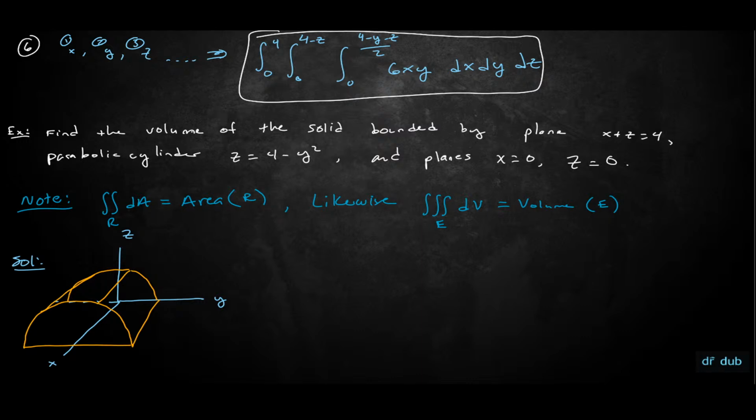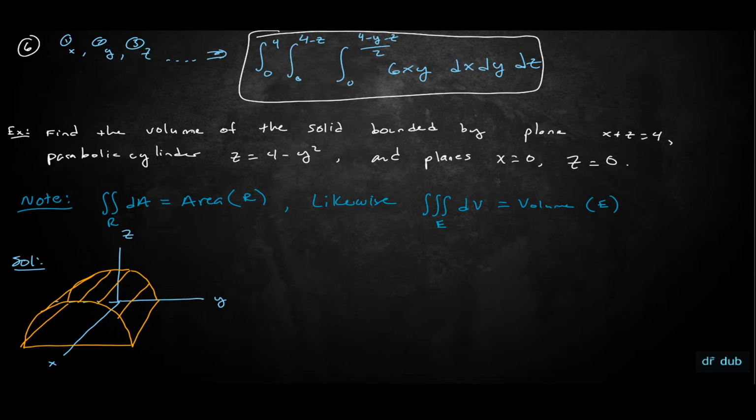We also want x equals 0. What's x equals 0? That's the yz plane in the back, so we've already stopped there. The z equals 0 is down here, we've already stopped there. And now this plane, x plus z equals 4.